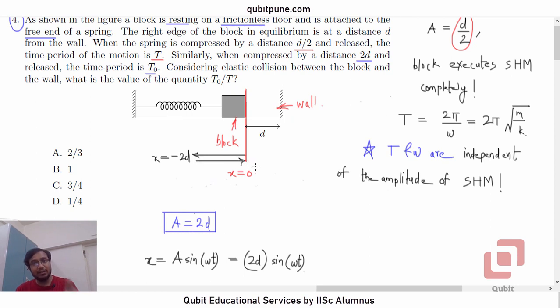To complete half the oscillation, it is still going to take half of this t. Correct? Because on the left side, there is nothing that is obstructing the block. So it can definitely travel a distance 2d to the left and happily come back to its mean position. So let's now consider the duration for this.